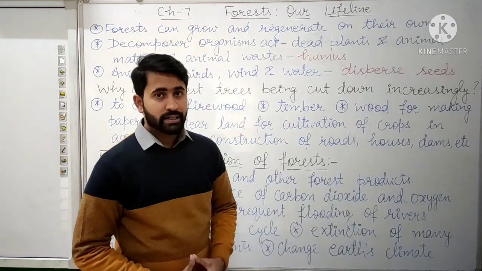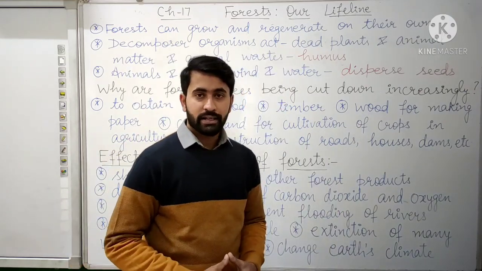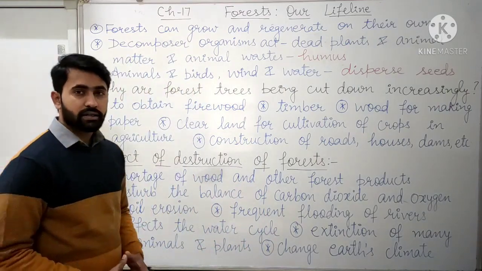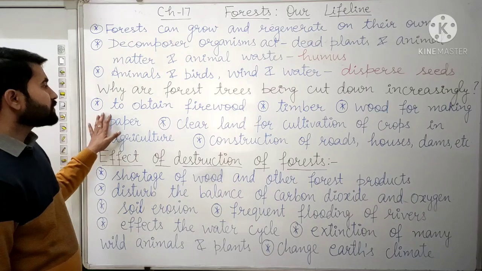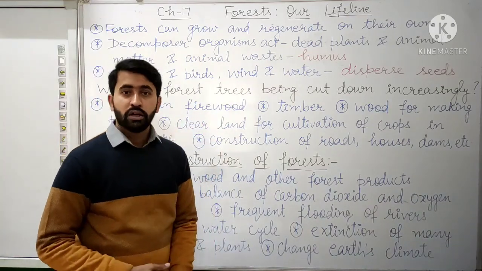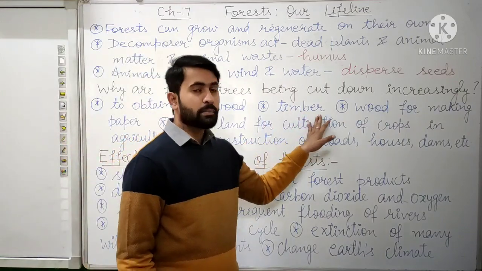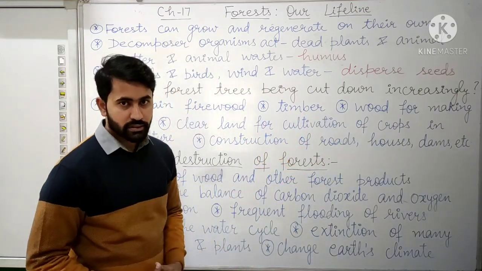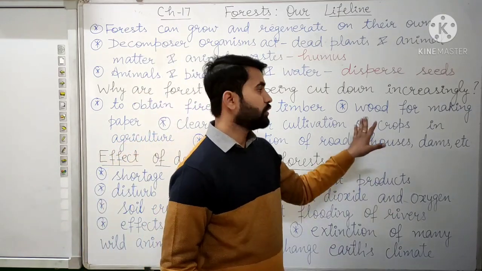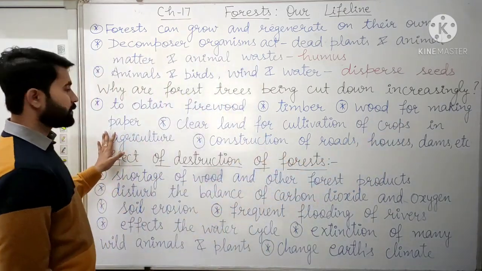Some of the important reasons for the cutting down of the forest are to obtain firewood. The forests are also cut down to obtain timber for various purposes. The forests are cut down to obtain wood for making paper.